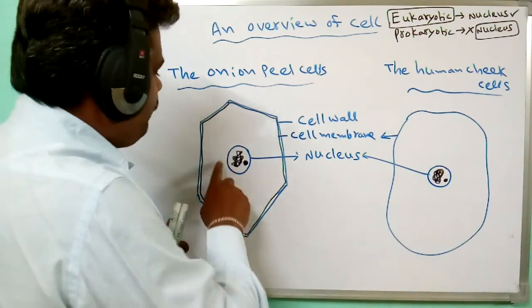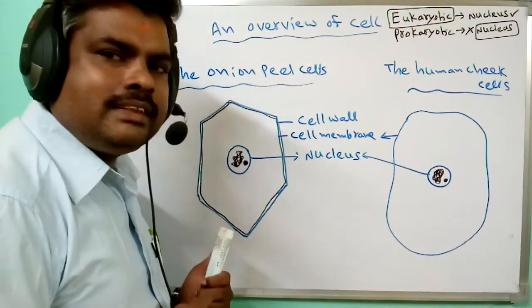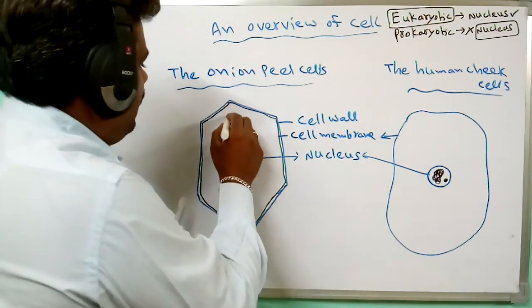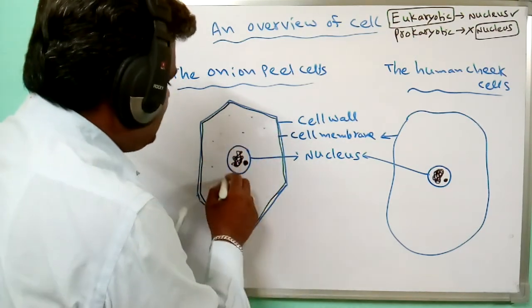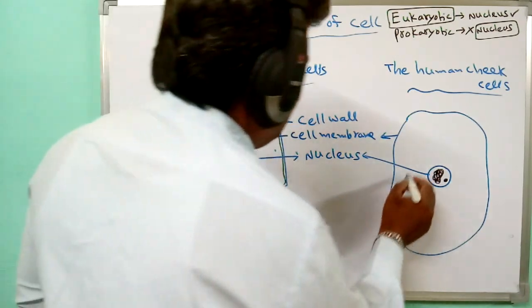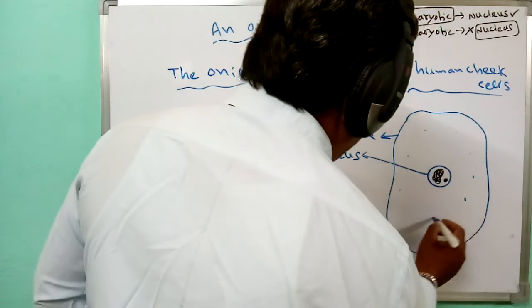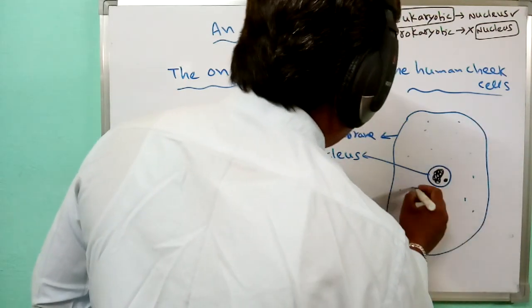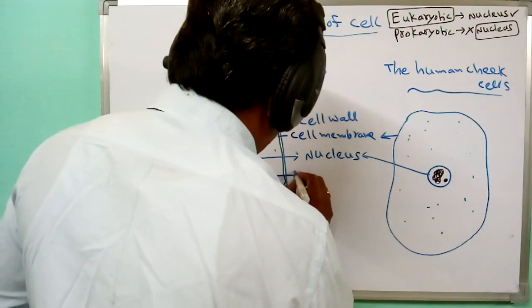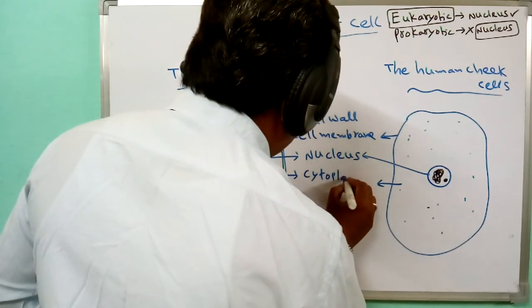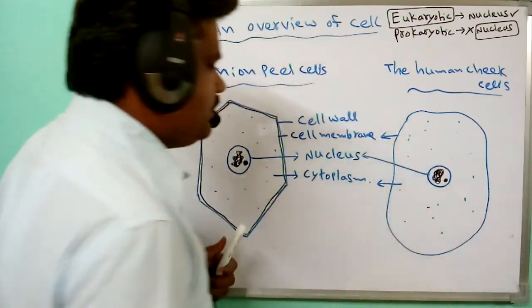Besides the nucleus, the semi-solid substance present in both of the cells is known as cytoplasm.